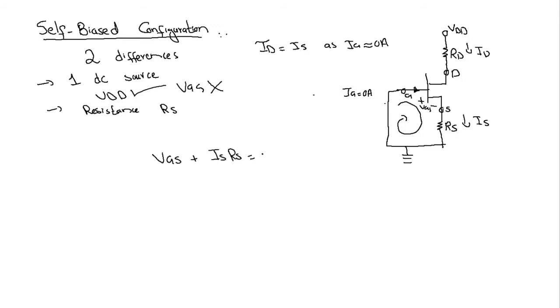VGS + ISRS = 0. Now because IS is equal to ID, I can replace IS by ID, or I can write VGS + IDRS = 0, or VGS = -IDRS.